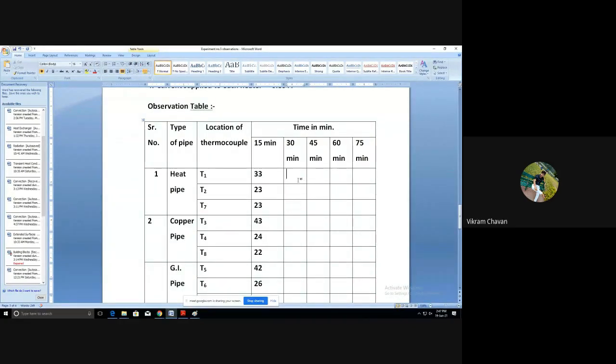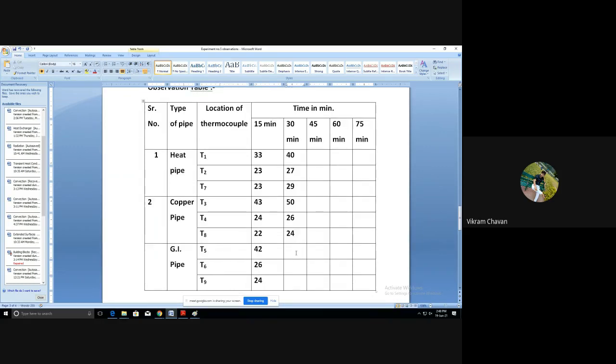Then for 30 minutes we can consider the readings as T1 as 40, T2 as 27, T7 equal to 29, then T3 50, T4 26, and T8 24, and for the galvanized pipe T5 53, T6 31, and T9 25.